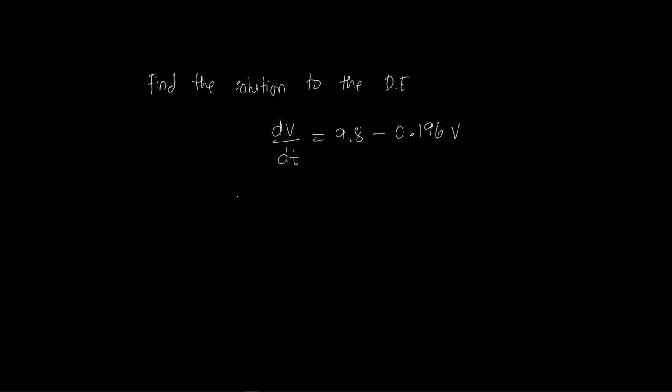So, mahimo na siya og dV over dt plus 0.196 V is equal to 9.8. Okay, so napaporma na nato siya.